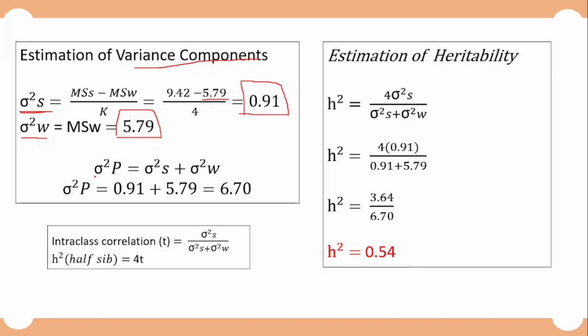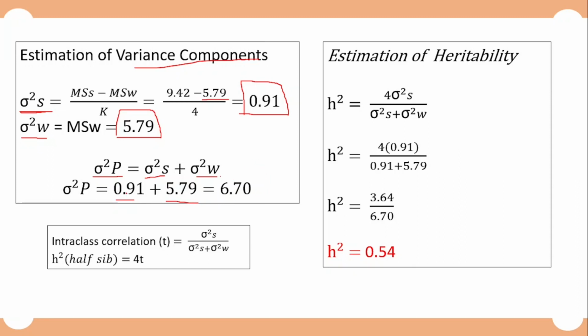Sigma square p denotes phenotypic variance. So phenotypic variance is equal to sire variance plus error variance. This sigma square s is for sire variance, this sigma square w is for error variance. So sigma square p is equal to 0.91 plus 5.79, that is equal to 6.70.